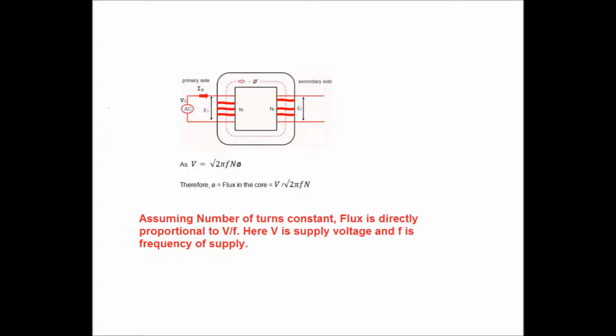So flux phi is equal to V by root 2 into pi into F into N. Now the number of turns of any winding is constant, therefore the flux is proportional to the supply voltage and inversely proportional to the frequency of the supply.